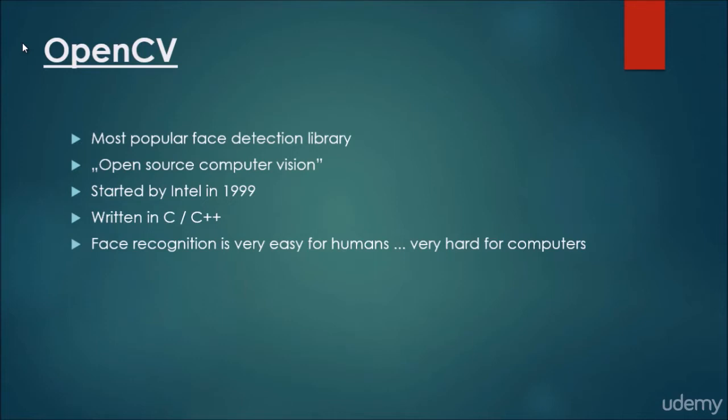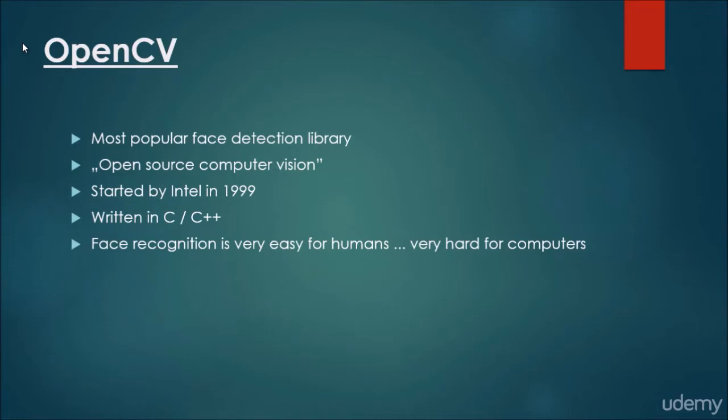As far as I know, it stands for Open Source Computer Vision, and it was started by Intel in 1999. Of course, it was written in C and C++ because the algorithms behind face detection are very computationally heavy, and these kinds of problems can be easily solved with the help of C and C++, and not just easily but efficiently.